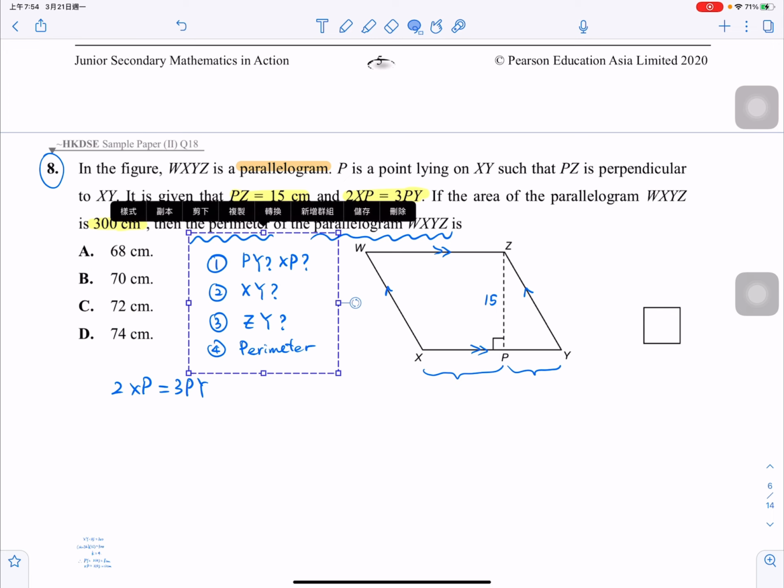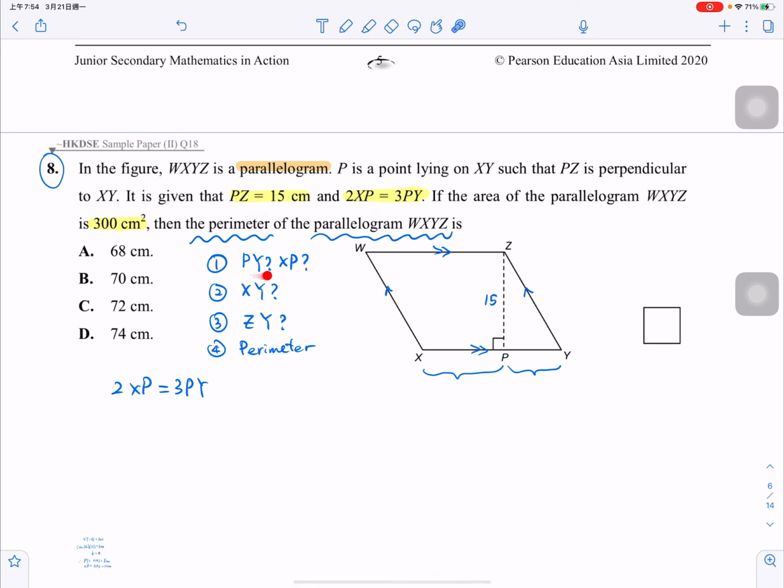First, find the ratio of PY and XP. Then find XY by using the area of the parallelogram. After you know the ratio of these two lengths, you can use PY to find ZY by the right-angled triangle ZPY. So finally, you can find the perimeter, right?